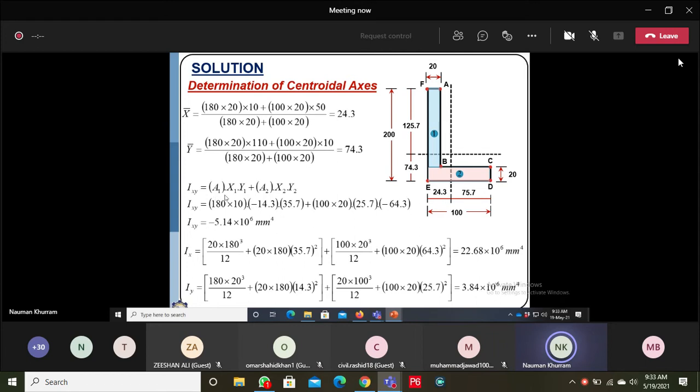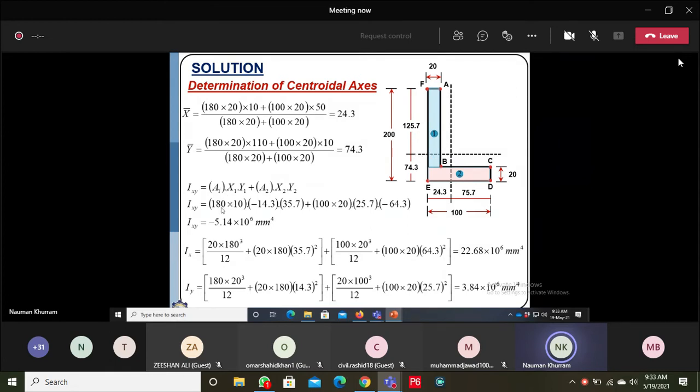The product moment of inertia is the moment of inertia of this cross section simultaneously about the centroidal x-axis and centroidal y-axis. So we are computing about the centroidal axes, again using the area by parts method. We have split the area into two parts. For area 1, we compute area 1 multiplied by the moment arm of area 1 with respect to the centroidal y-axis and centroidal x-axis.